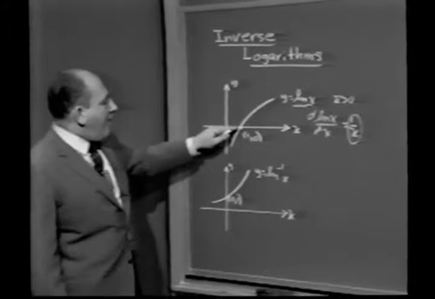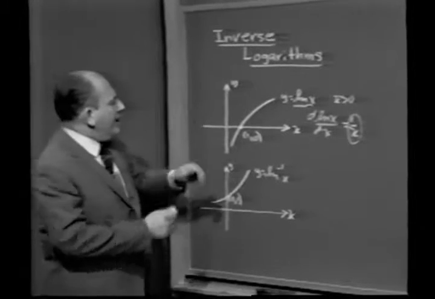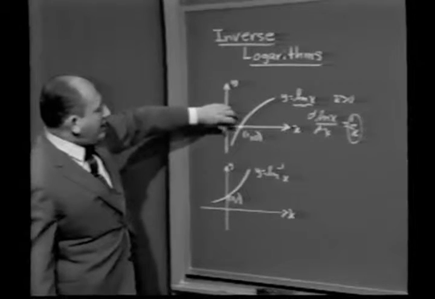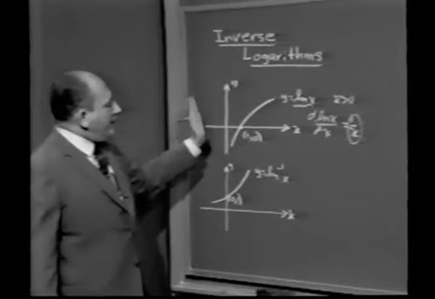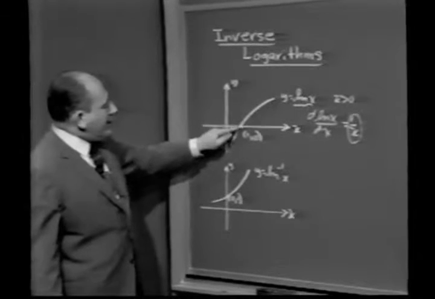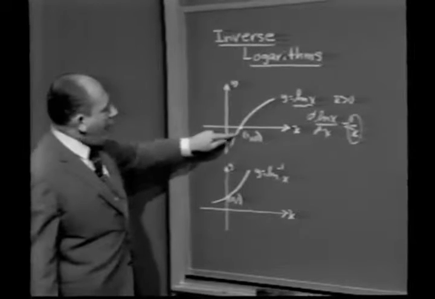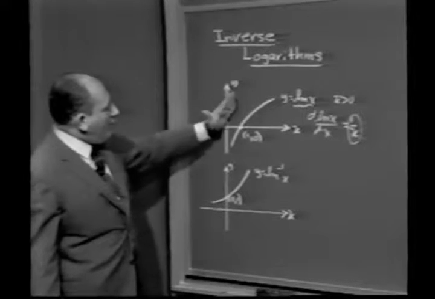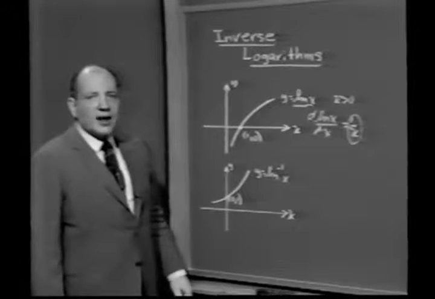And remember how you invert this function. If you want to do it in slow motion, you first rotate this through 90 degrees, then flip it over. If you want to do it faster, the inverse graph of this is the reflection of this curve with respect to the line y equals x.